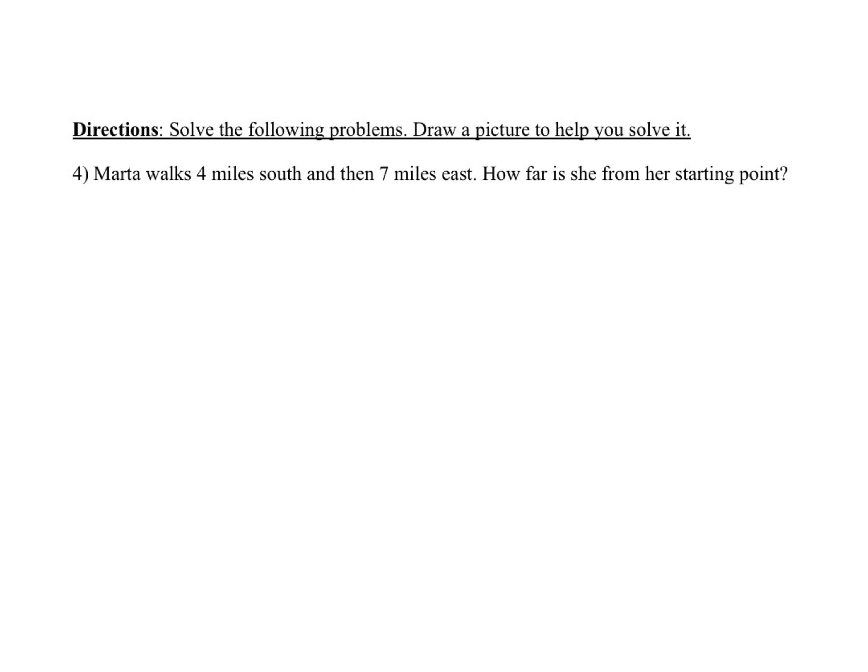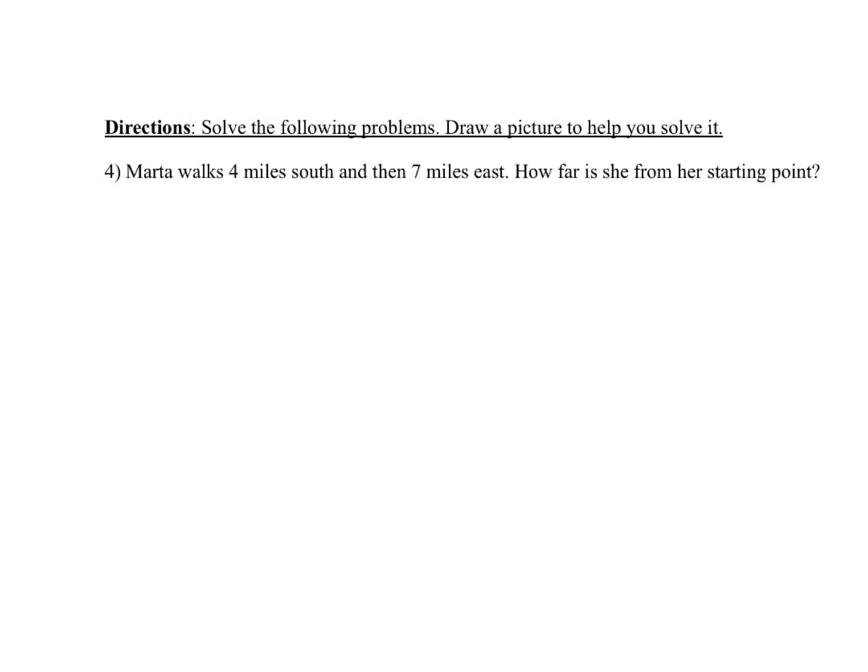Now we're going to apply Pythagorean theorem to a word problem. So it says Martha walks south and east. So 4 miles south and 7 miles east. How far is she from her starting point?